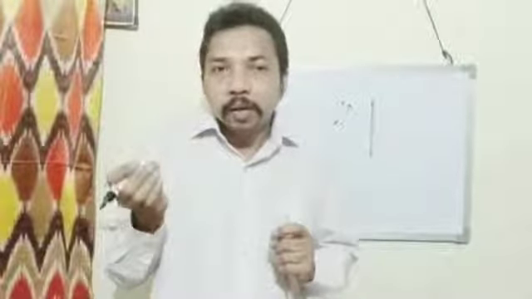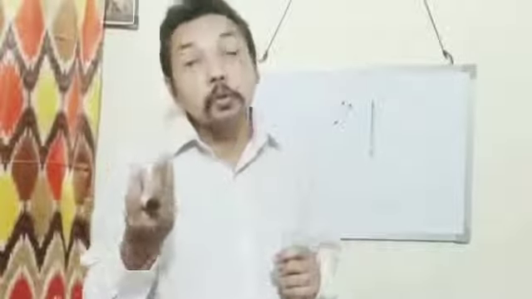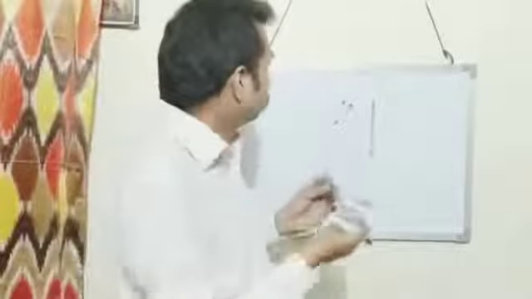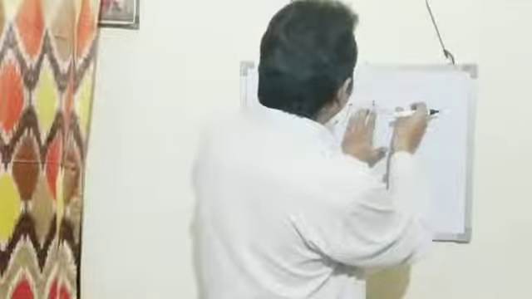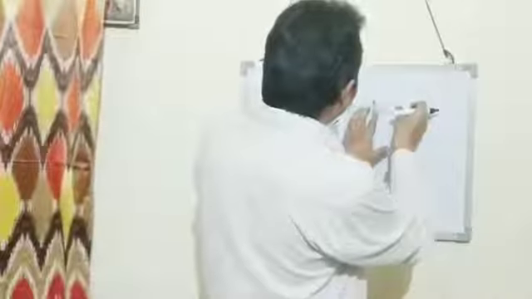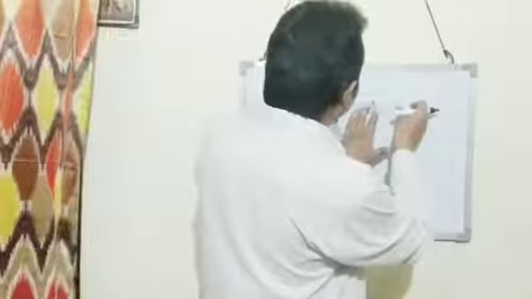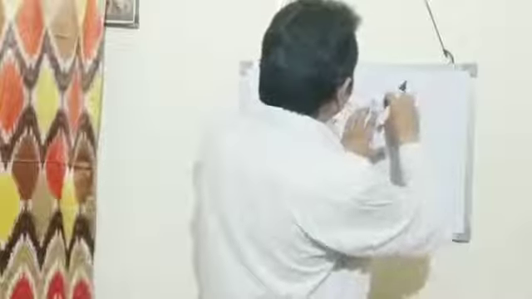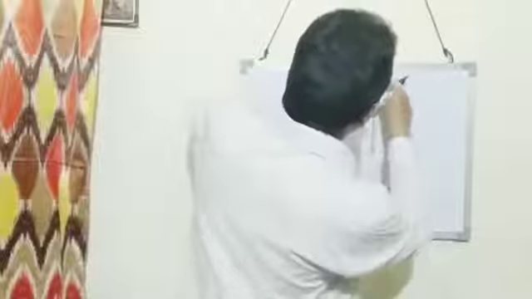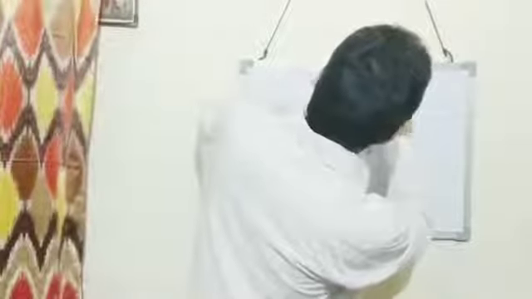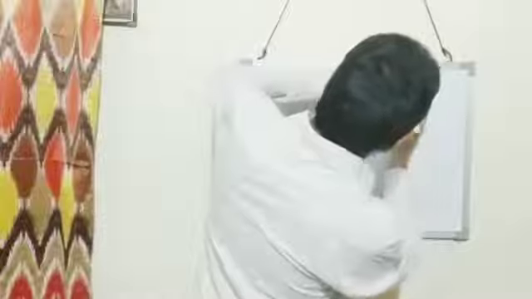Here I tell you a simple technique to draw the ray diagram. Actually, how much in front of the mirror this point X is kept, that same distance behind the mirror we mark the point. The point X is this much in front, so that much straight behind we mark this point.